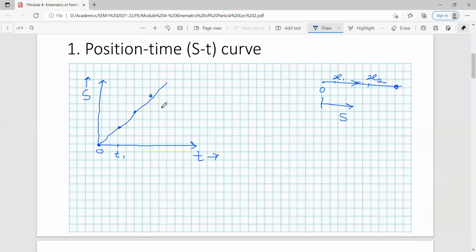Whatever I have drawn is known as the position time curve of the object, and this graph will give me the information about the position of the object at any time, t1, t2, t3, like this.